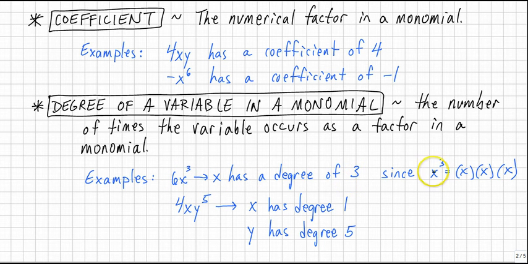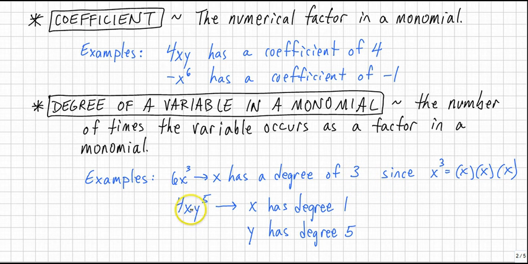And we know that because x to the 3rd is the same thing as x times x times x. So if you go back and look at the definition, it's the number of times the variable occurs as a factor in the monomial. Well, since x to the 3rd is x times x times x, that's 3 x's, so we have a degree of 3.